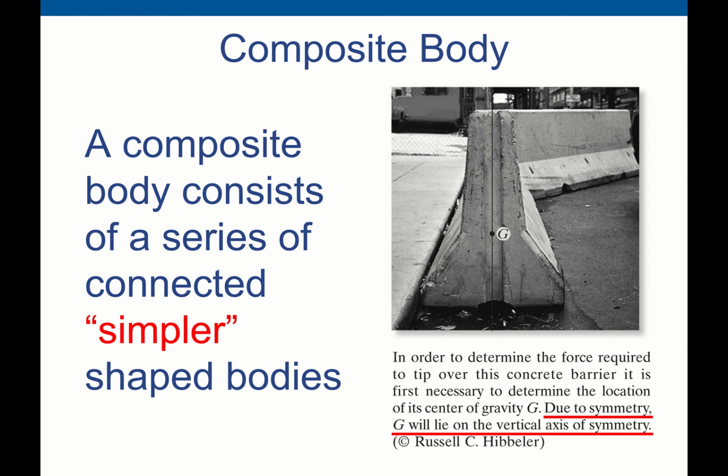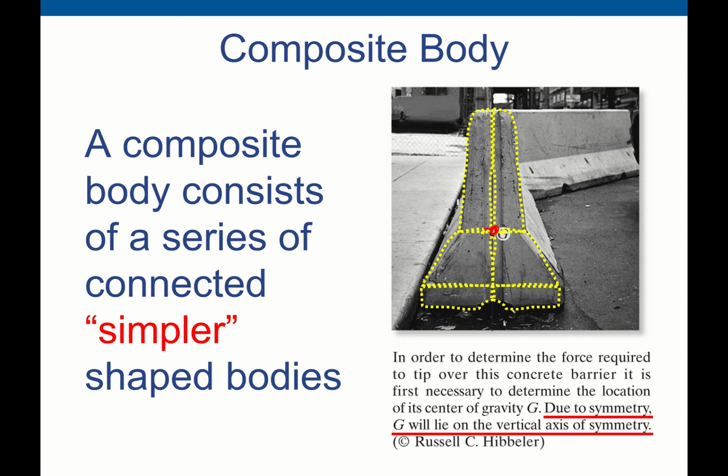In this case, we can decompose this structure into three objects. If you see here, I just highlighted in yellow, we have three objects, 1 and 2 and 3, and this one is symmetric. So the center of gravity of this object should be somewhere in here.